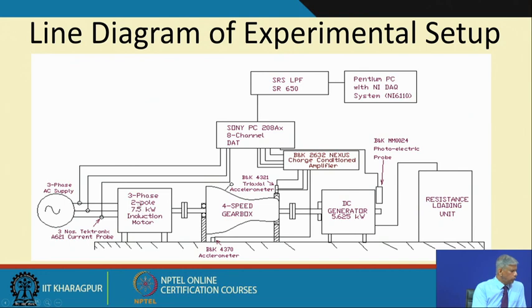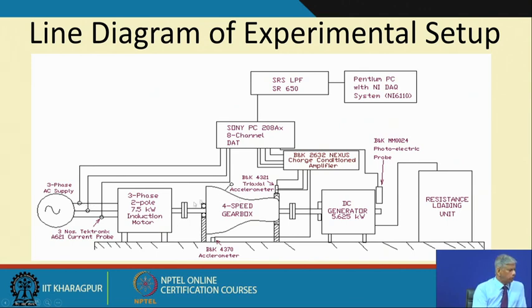So, this is just to give you an overview of the experimental setup. This is the motor driving the gearbox, and the gearbox is connected to the generator, which has a loading unit. On the supply side we have 3 Hall effect sensors to measure the 3 phases of the current.